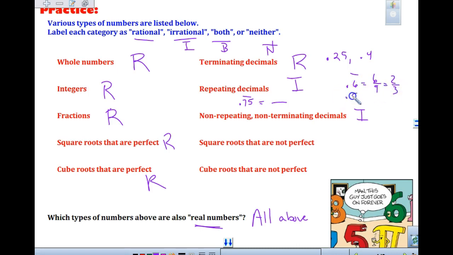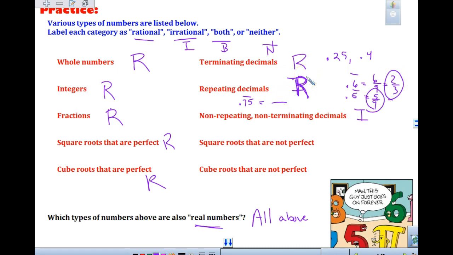If it was 0.5 repeating, that is 5/9. We did that work of subtracting. So can this one be irrational? Repeating decimals, those are always going to be rational, right? Repeat is rational. Why? You can write as a fraction. Anything you can write as a fraction is rational, okay?